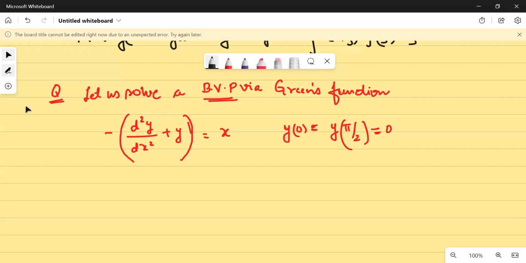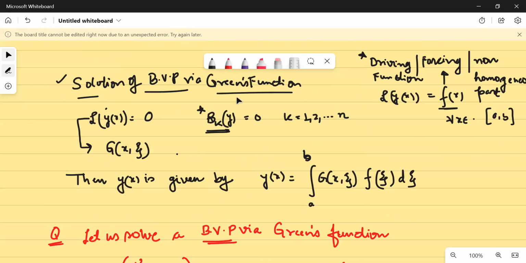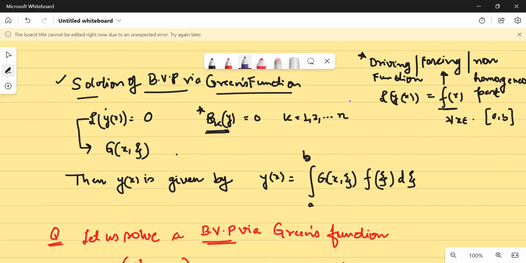Now it's visible. Okay. So yesterday I was doing some solution of boundary value problems using Green's function. What is a boundary value problem, for those who have joined today? A boundary value problem is a problem where you have a differential equation aided by some boundary conditions. These conditions usually are given on the function itself.